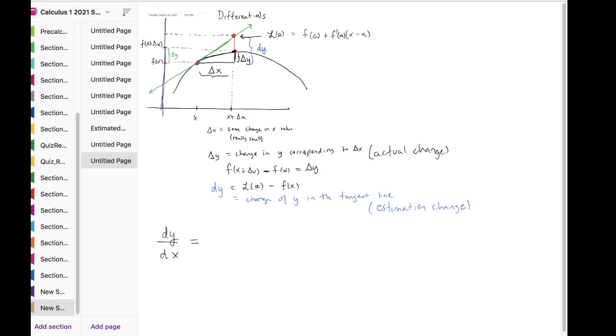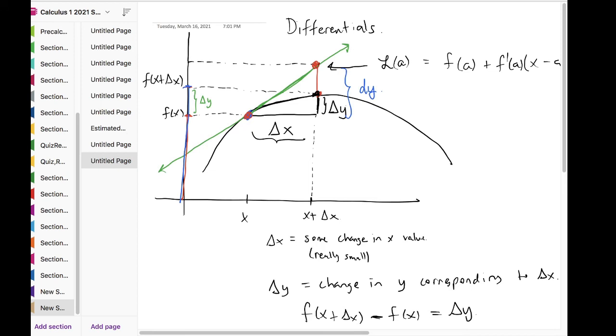If you just look at the picture and you take the value dy, that's this distance here, and you divide it by dx, that's this distance here, what value does that give you? So don't even think about calculus. So now you're in algebra. Like what value is this distance divided by this distance?